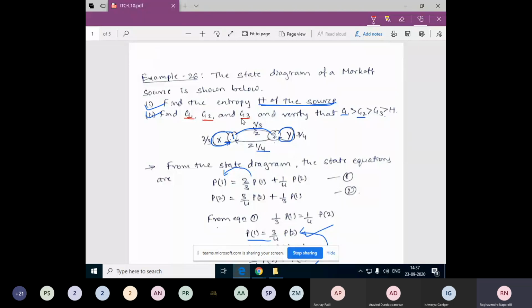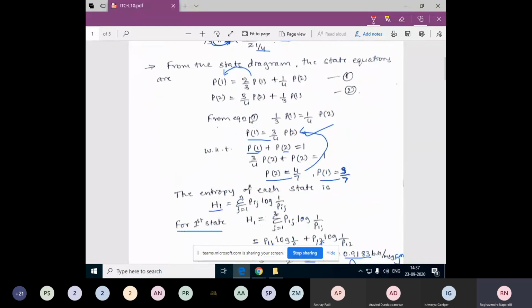Similarly, G3 is the average information content per symbol at the end of 3 symbol emissions. It is just like an extension of the basic source.